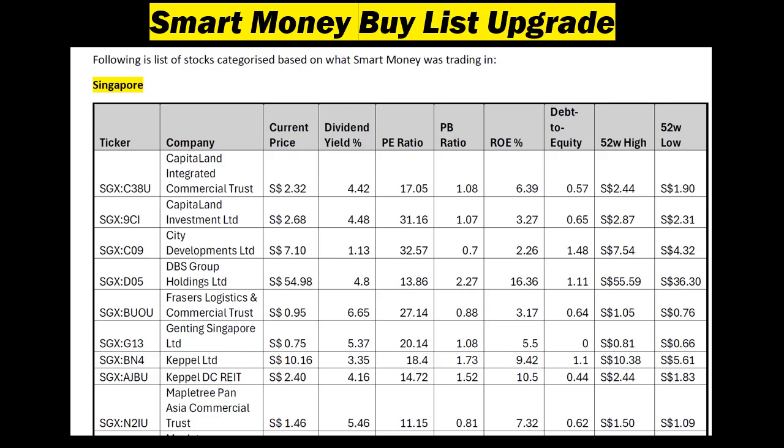Right. PE ratio and PB ratio are just common valuation ratios that we use to gauge whether the stock is considered expensive or not. And many times this has to be taken into context.